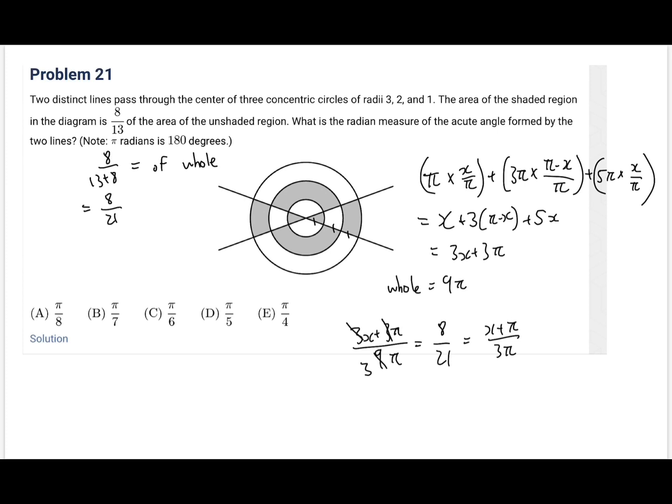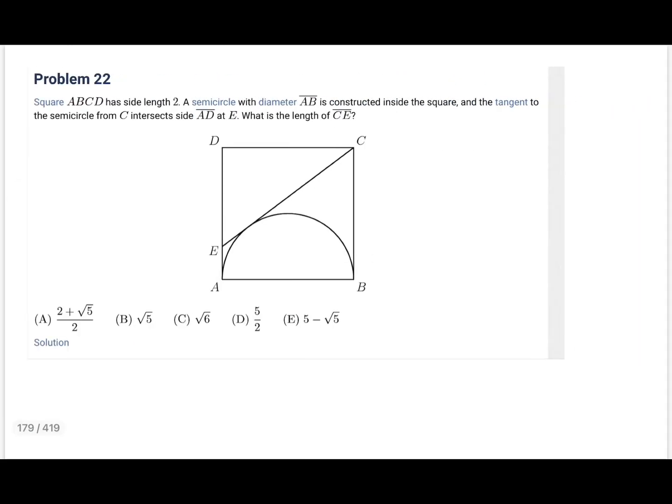And so let's cross multiply, and 24 pi equals 21x plus 21 pi. So 3 pi equals 21x, and x equals pi over 7. And so the radian measure of the acute angle formed by the two lines is pi over 7. The answer is B. Problem number 22.